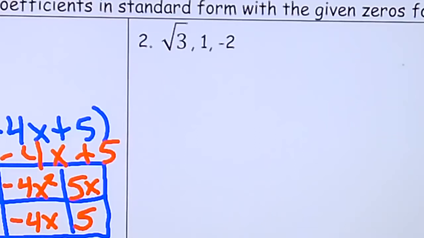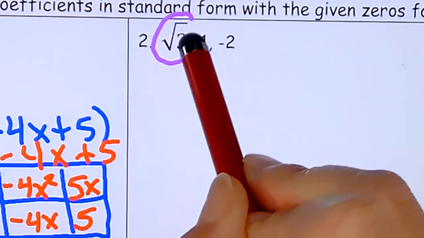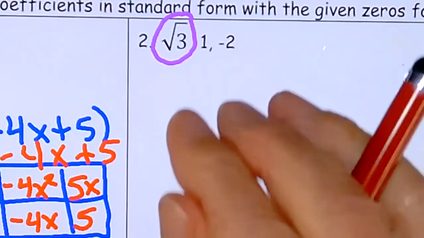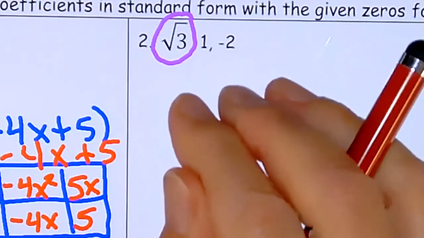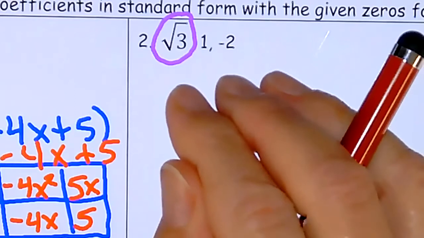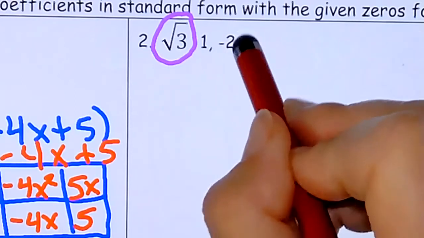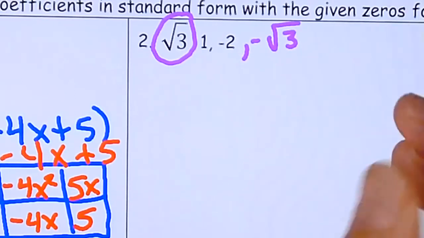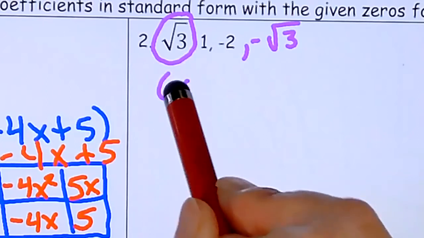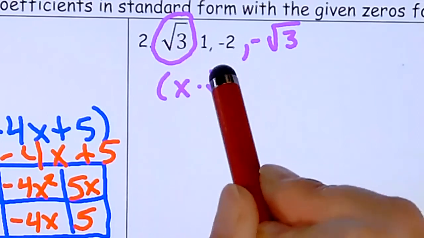So on number 2, I have a similar situation again, where I have this square root of 3. So when I have any radical or any imaginary i, I have its conjugate also. So I also have a -√3. So if I write these factors, I'm going to have an x minus √3 for the first one.